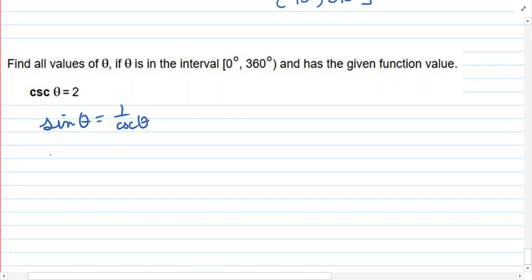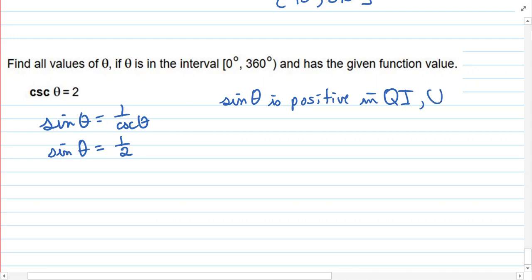So therefore, the sine of theta is 1/2. So sine theta is positive in quadrants 1 and quadrant 2.